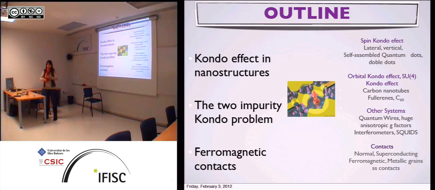The Kondo temperature depends on the dot parameters. This means that if the barriers or the level of the dot are not suitable for having a large Kondo temperature, you cannot observe the Kondo effect.